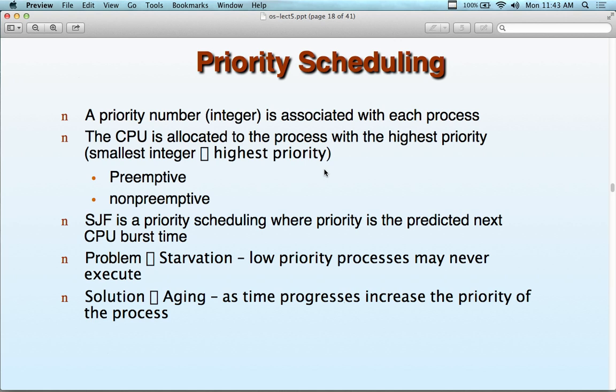So a priority number, or integers, associated with each process. And that's our grouping of process IDs in Unix and Linux, actually. So numbers past a certain point are of user mode priority, and everything below that numbering scheme is kernel mode priority. And then we can assign different process orders and numbering systems to different users as well.